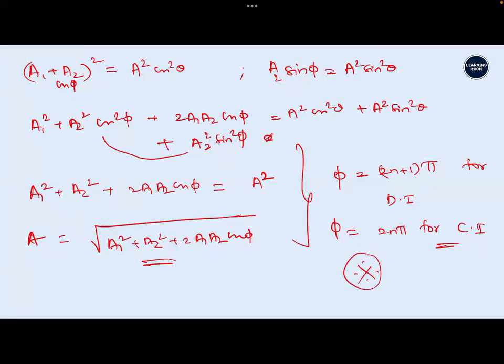Okay. The next point that we need to discuss is the relation between path difference and phase difference.